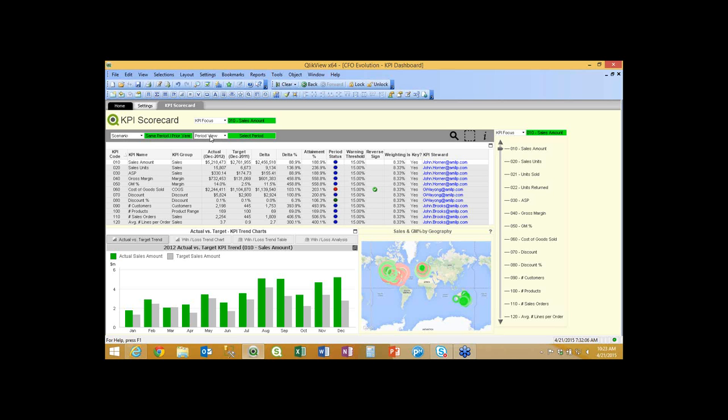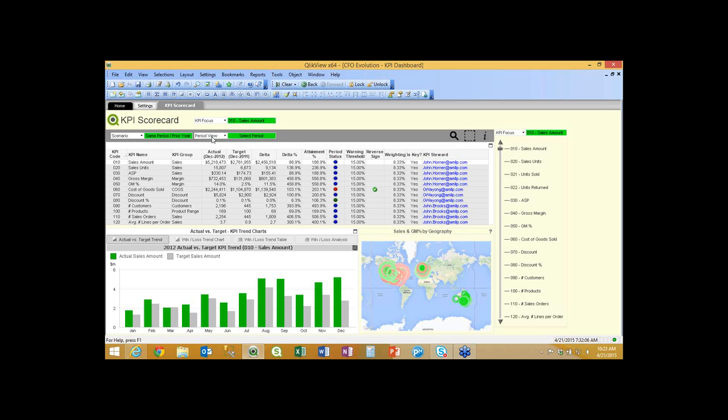Now, from a period perspective, what is it we're looking at here? Jeffrey talked about the frequency of the KPIs and what you want to look at. So again, in this particular case, we're going to look at a particular period. You can probably see we're looking at December 2012 as a periodic view.